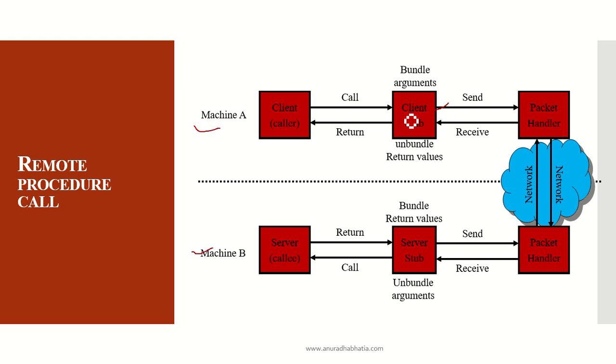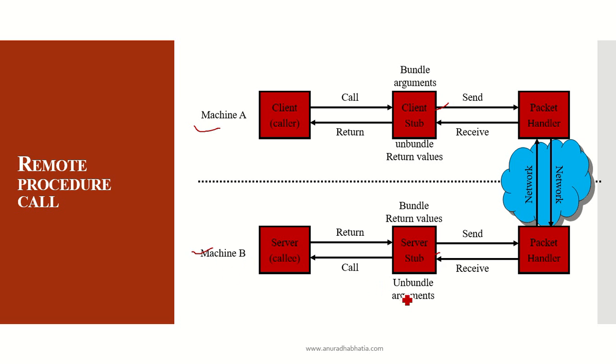This is a dummy procedure which is inserted here. It sends the message to the packet handler, and the packet handler sends it over the network to the packet handler of the remote machine, which sends the message to the server stub and then to the server.